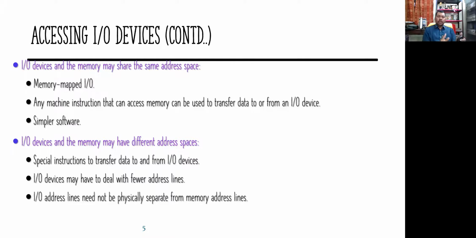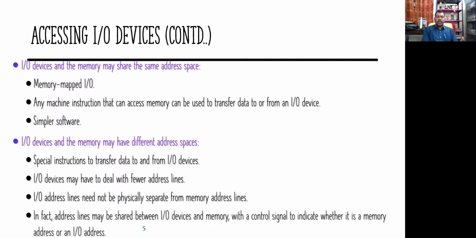The processor itself gives control of the address lines to the input output device, so that data can be transferred between the processor, say the 8085, and the device. In fact, address lines may be shared between input output devices and memory, with a control signal to indicate whether it is for a memory or for an input output device.